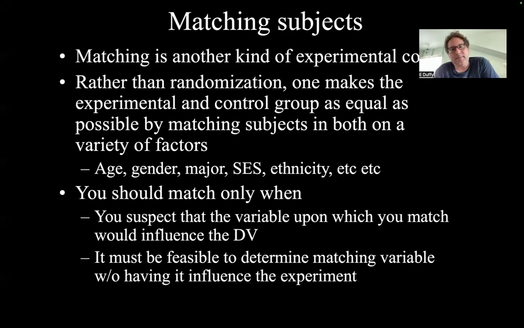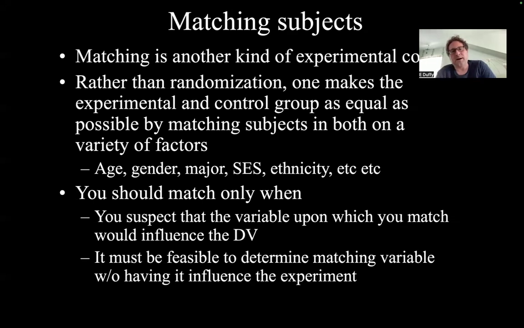And so what you do is you get a huge sample of people and you randomly choose two people of the same age and you randomly put one of them in condition A and the other one in condition B. And you do that for all of these things so that these two groups are matched in terms of a particular feature. And that's one thing that you can do.